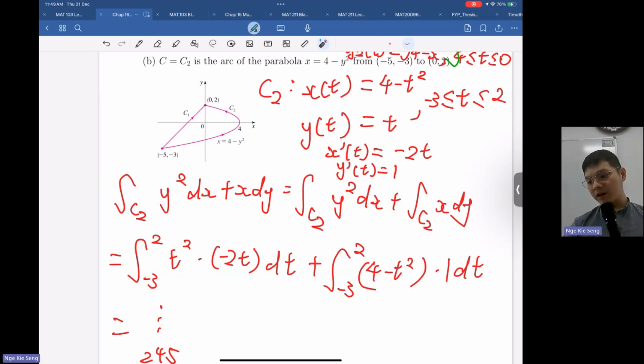So although both curves start from minus 5, minus 3, and end at 0, 2, they give you different line integrals. Okay, make sense?